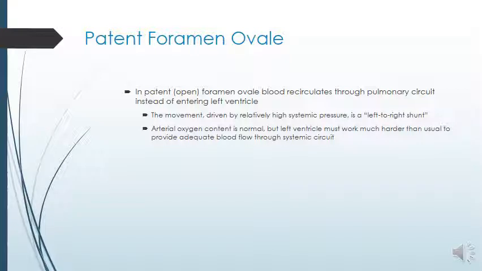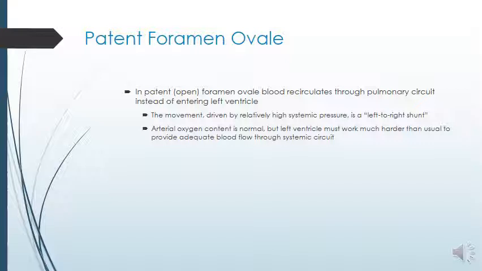And the first one I want to talk about is a patent foramen ovale. In this case, the foramen ovale does not close, and there are variations in this disorder. But when the foramen ovale does not close, the blood recirculates through the pulmonary circuit instead of entering the left ventricle.